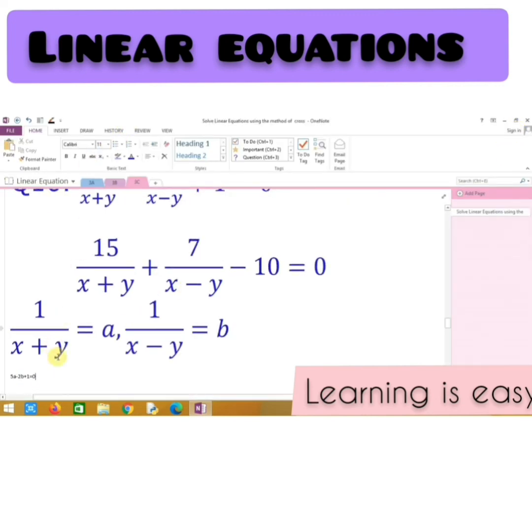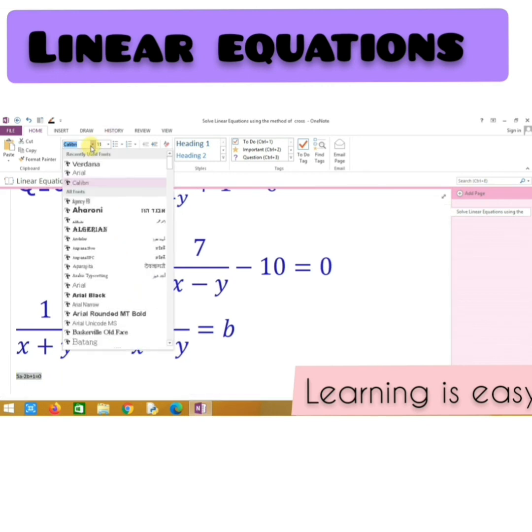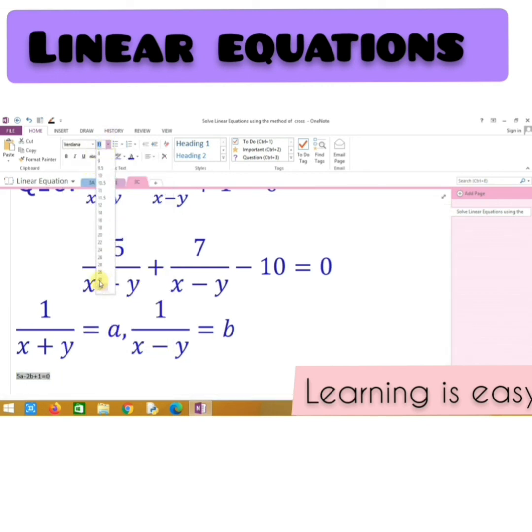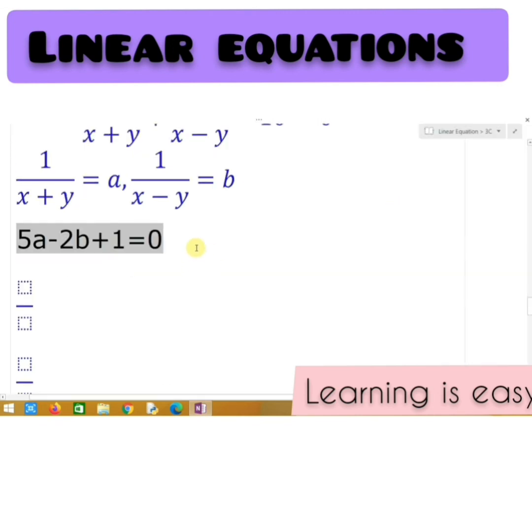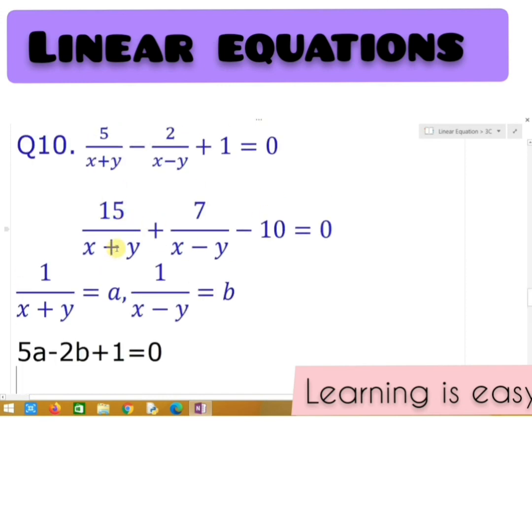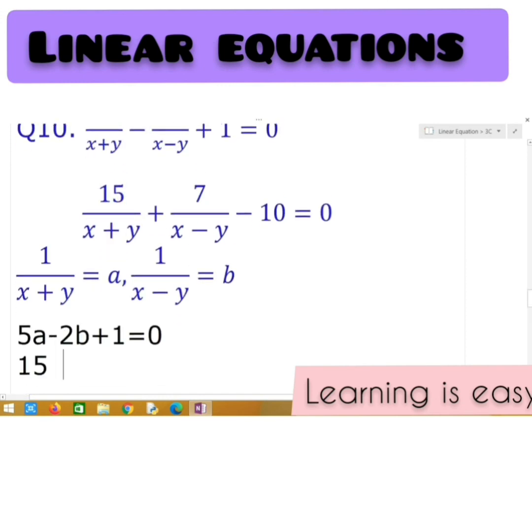I'll just maximize a little more, increase the font, for better readability. So 5a minus 2b plus 1 equal to 0. Similarly, second equation is 15a plus 7b minus 10 equal to 0.